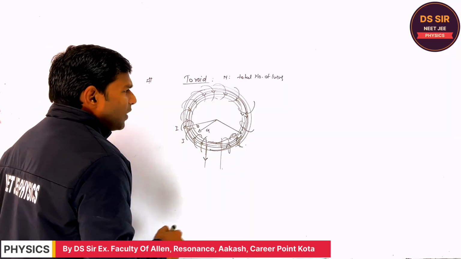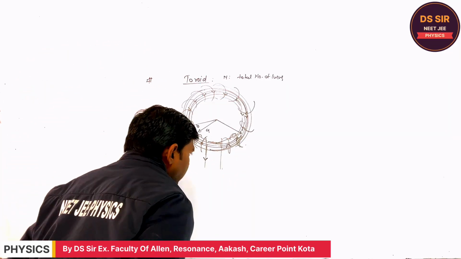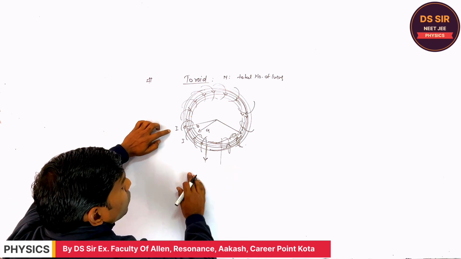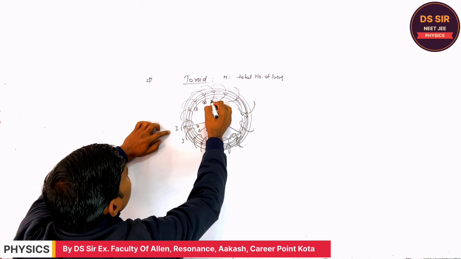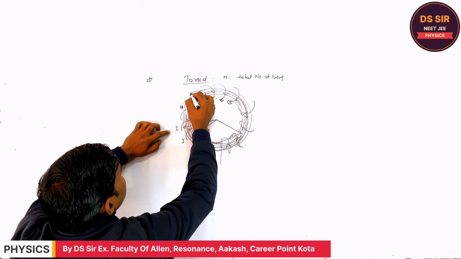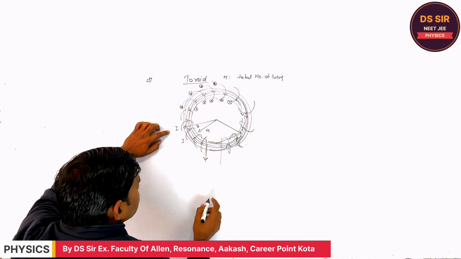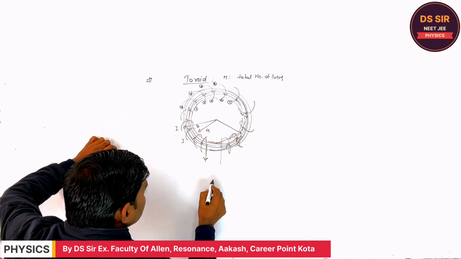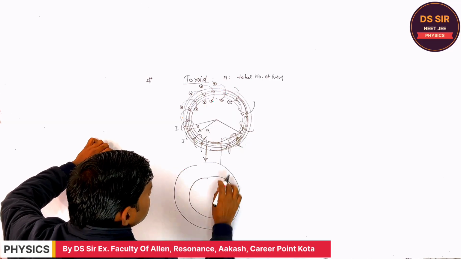To find the magnetic field, you have to take the Amperian loop. Suppose this is the current going into the plane like this, and this is the current coming out of the plane. If you make the cross section, this is the inner and outer radius.